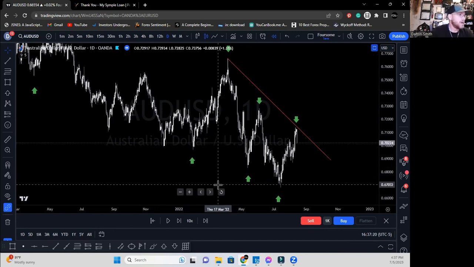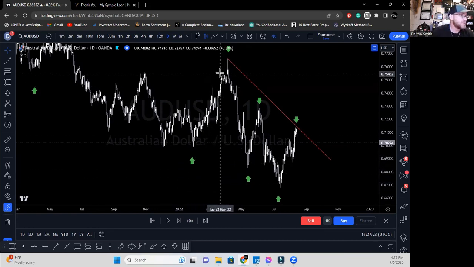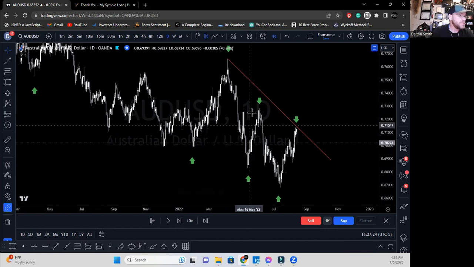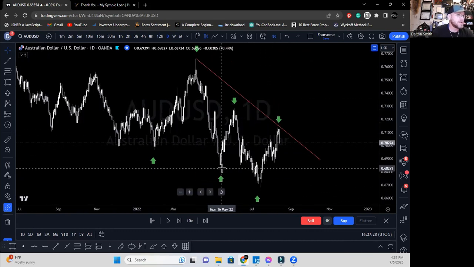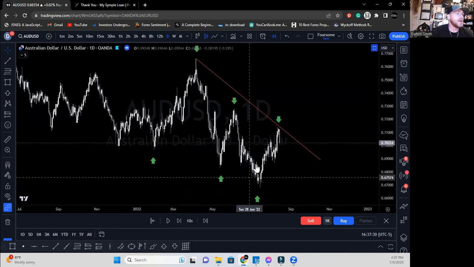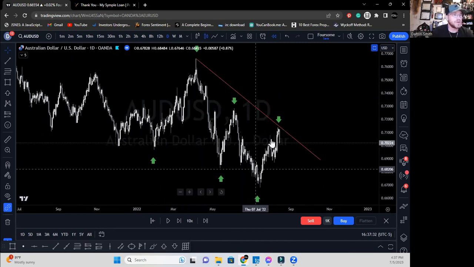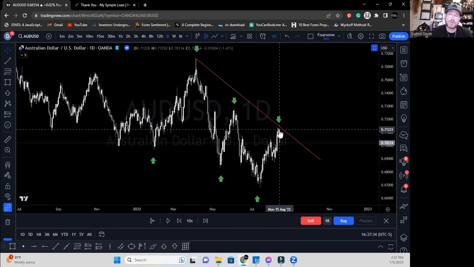Maybe so. Okay. So we're on a downtrend on the daily, right? Okay. So if we're on a downtrend in our structure and we just confirmed a higher high, what are we looking to do now?